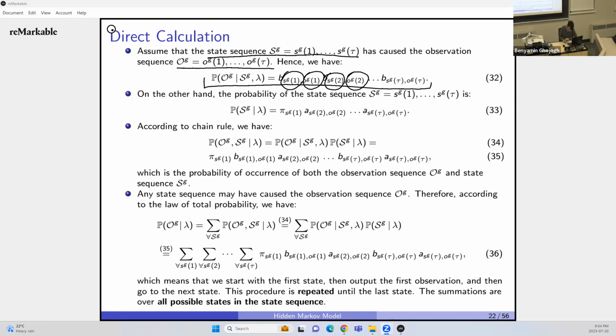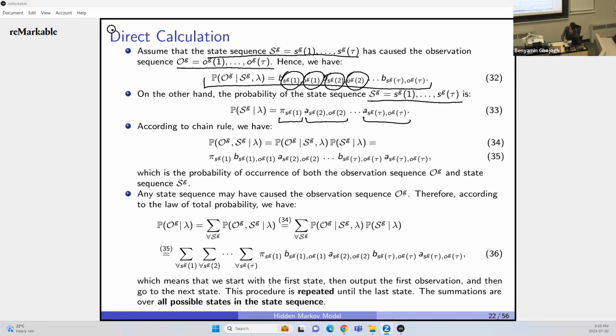On the other hand, the probability of the state sequence, what is that? Of course, it's related to A and also the pi, the initial probability. So I have initial probability of SG1, and also I have these multiplication of A probabilities.